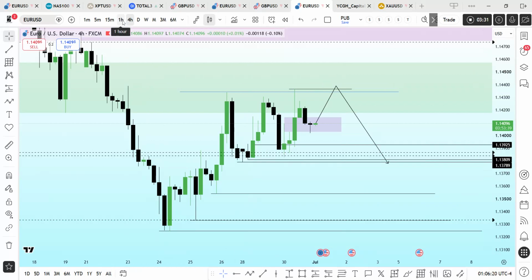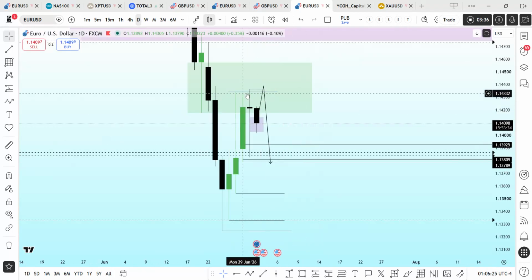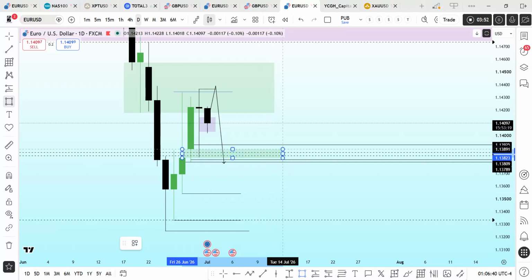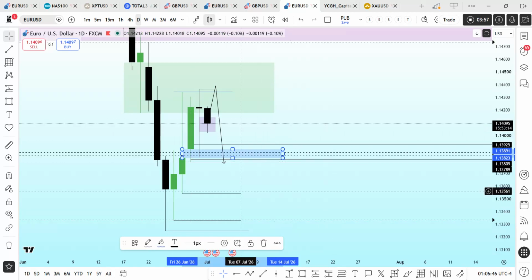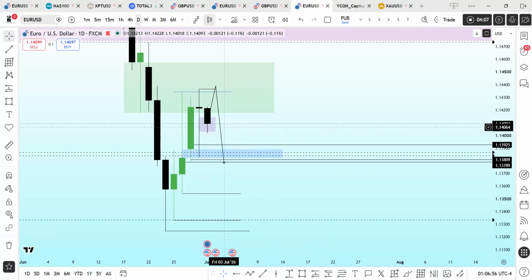Let's see what happens. Notice one thing: I said yesterday would probably be a bullish delivery, and you have seen how price gave a bullish delivery. Just note why I put this one here till here, because there is this NWOG, new week opening gap, and as you all know, the new week opening gap is a very powerful PD array.